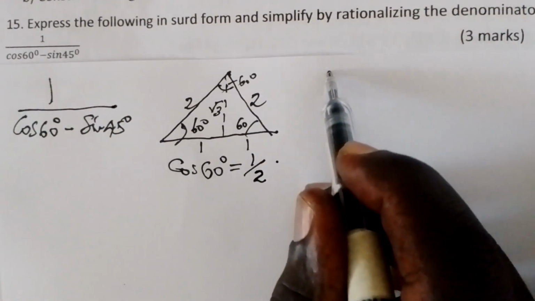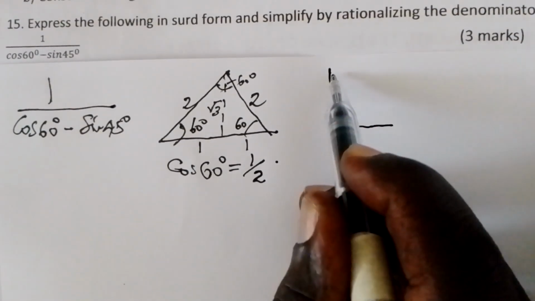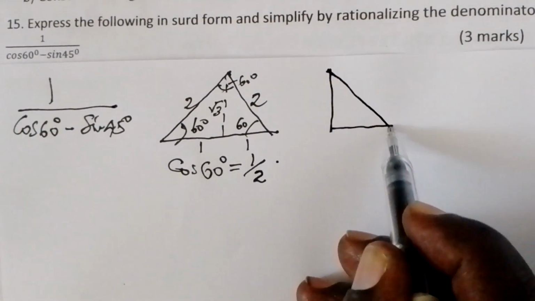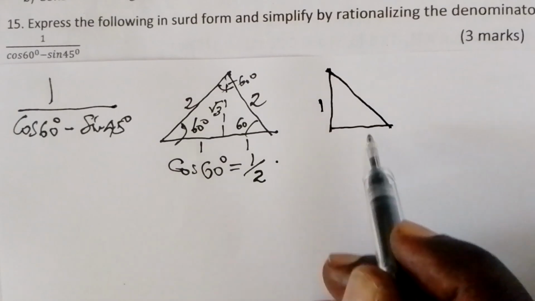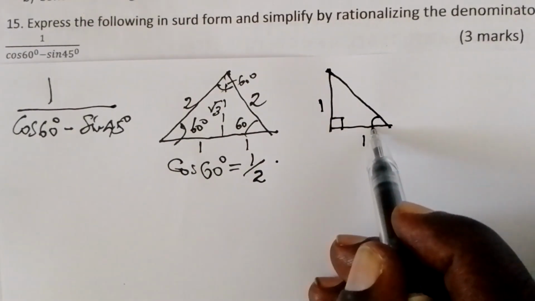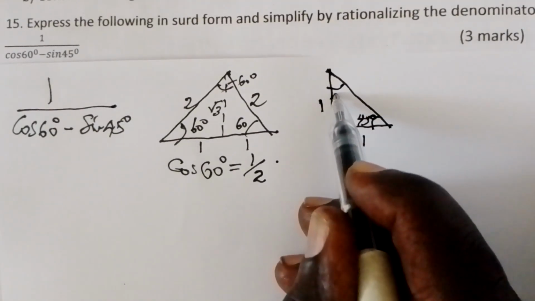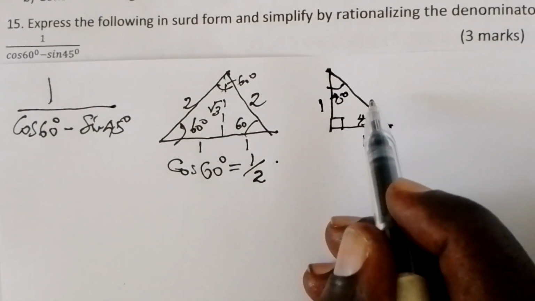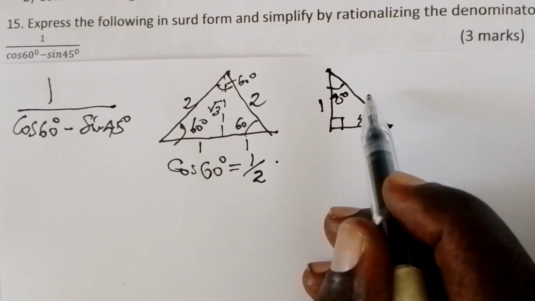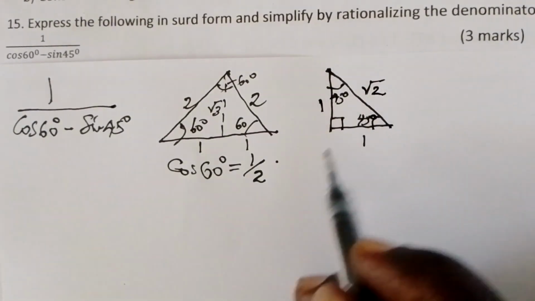On the other type of triangle, we are going to use a right-angled triangle of 1 unit each, and that angle is 90. This is 45 degrees, and this angle 45 degrees. So the hypotenuse here will be given by the square root of 2.